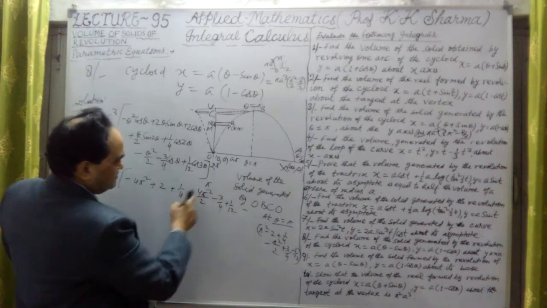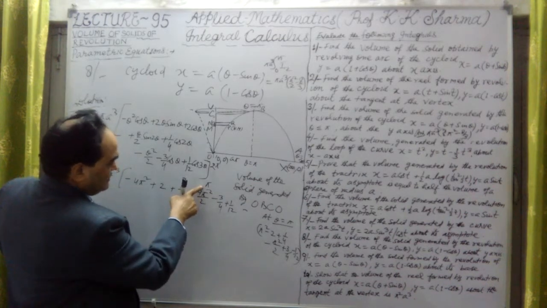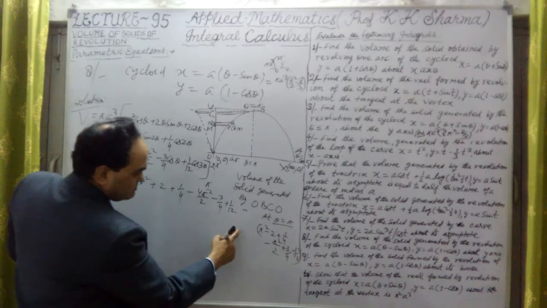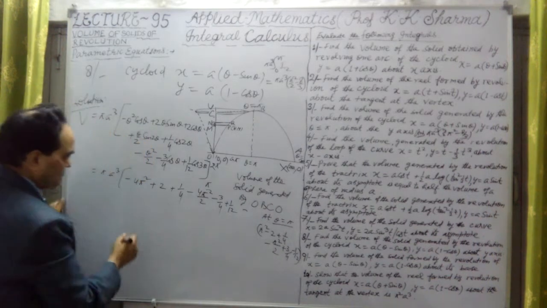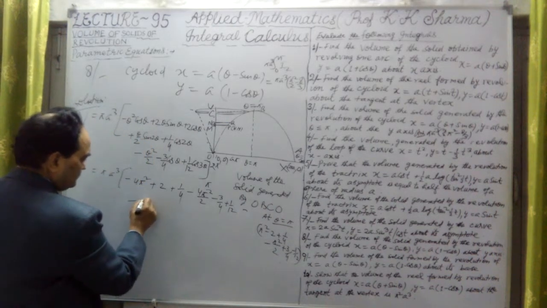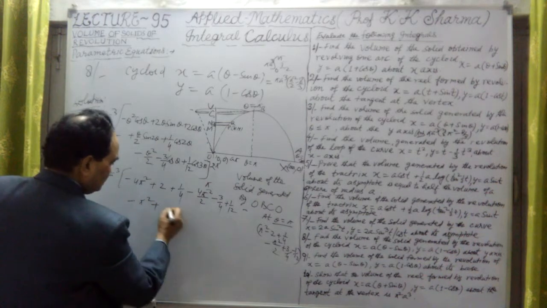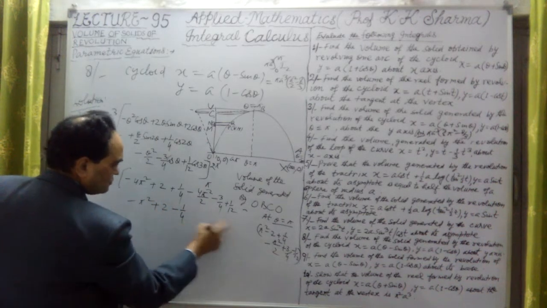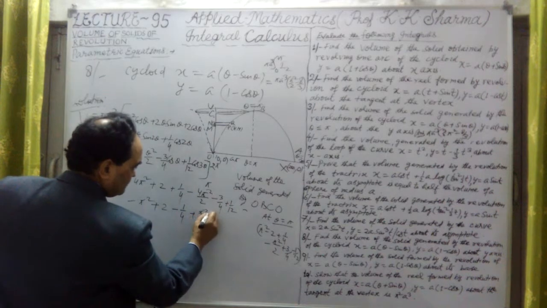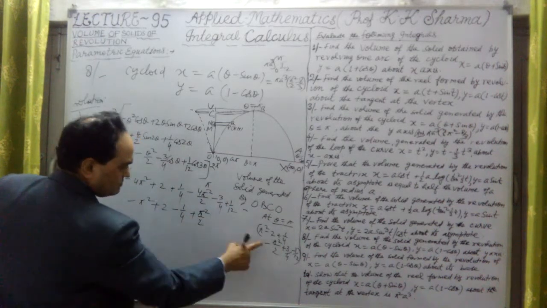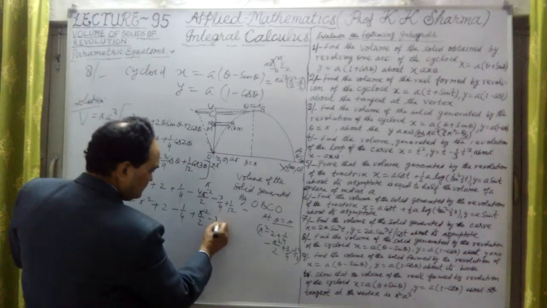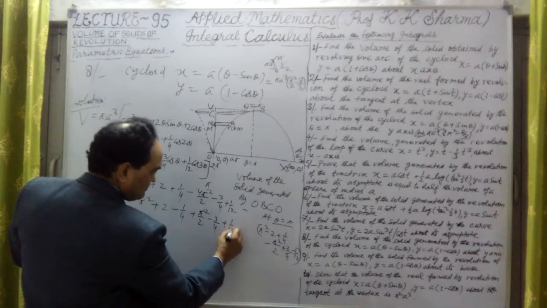At lower limit, if I put lower limit, when π is substituted here, that way with minus sign all these values. That will be minus sign, π² minus, plus here, plus 2 minus 1/4 plus π²/2, π²/2 minus 3/4 plus 1/12.